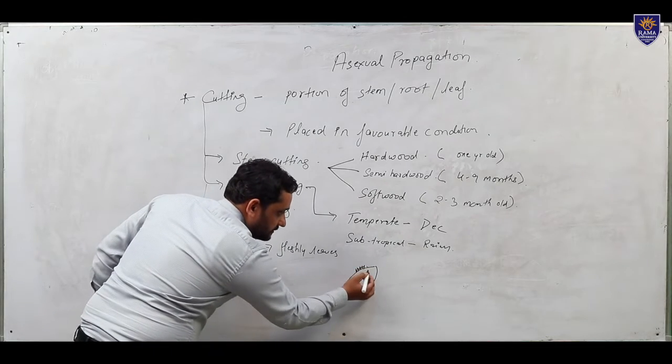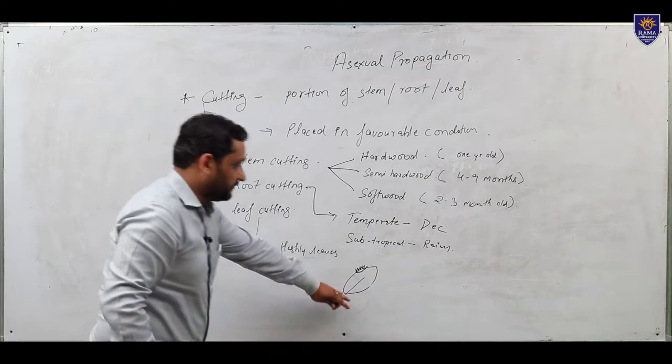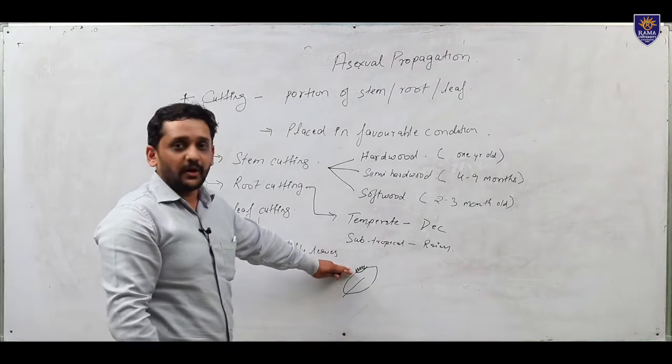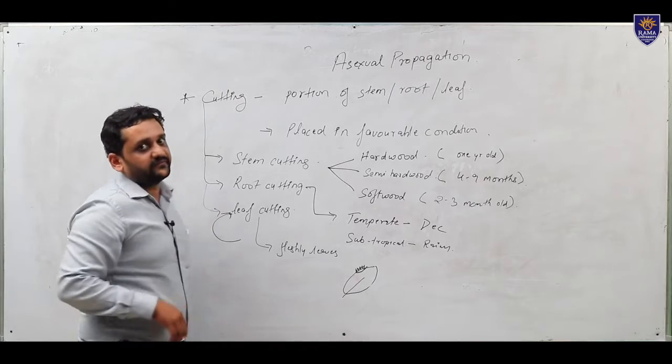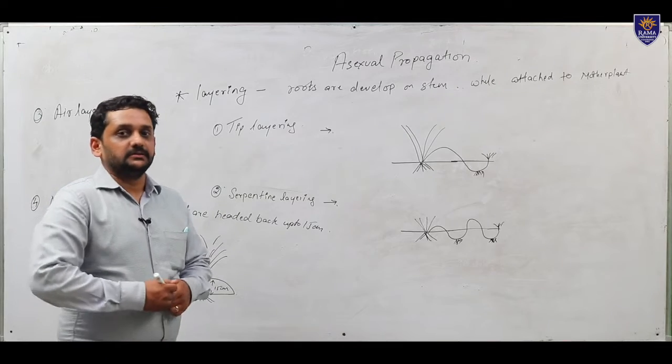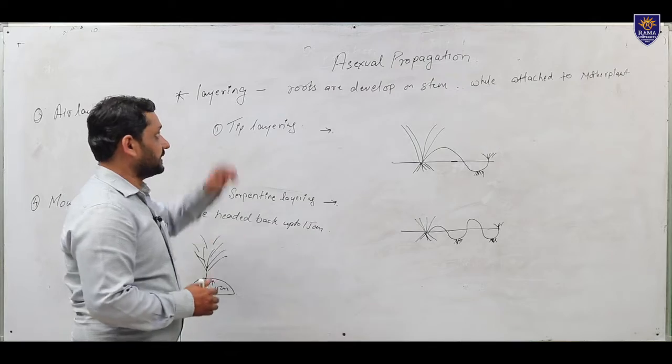If we cut this portion and plant it in another field, it can grow as an individual plant, and this process is known as leaf cutting.